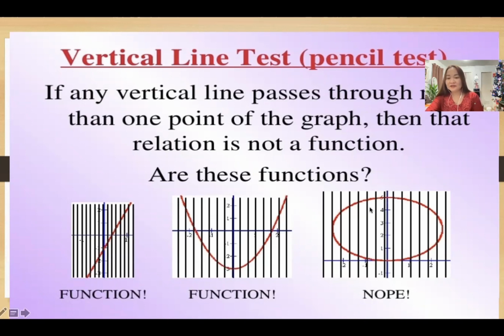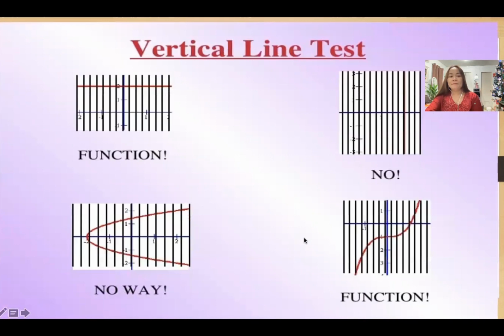Whereas this given one is an ellipse or a semicircle. When you draw a vertical line, obviously there are 2 points of intersection. So this is not a function. Another example here. This graph: when you draw a vertical line, this is a function, only 1 point of intersection.